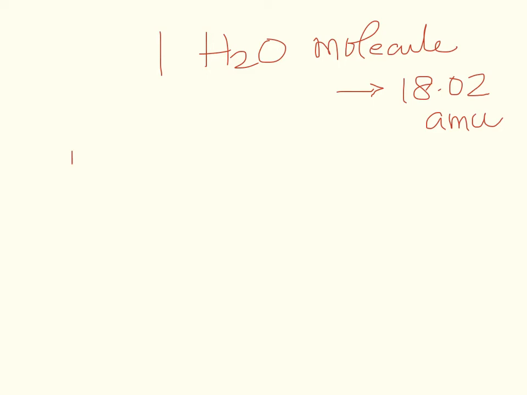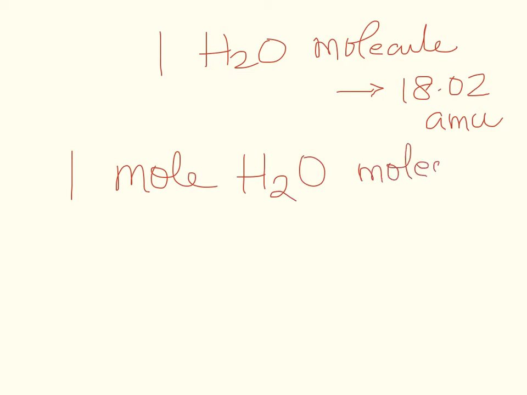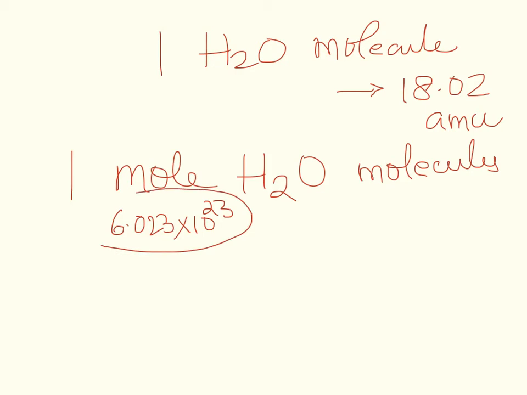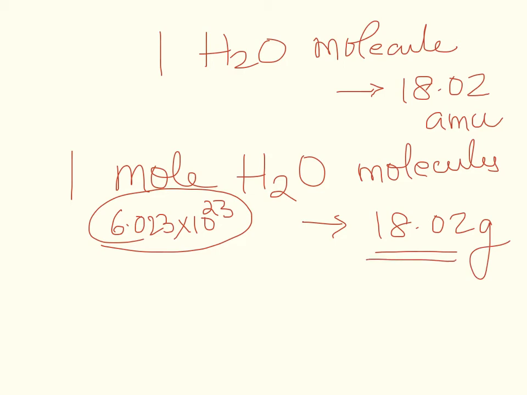The mass of 1 mole of H2O molecules, that means the mass of 6.023 times 10 raised to 23 H2O molecules, will be 18.02 grams, and this is something that we can deal with. You can take a balance and weigh it out, because you can weigh out grams. So use the conversion factor and try to work this out.